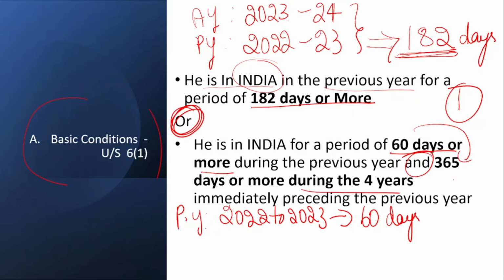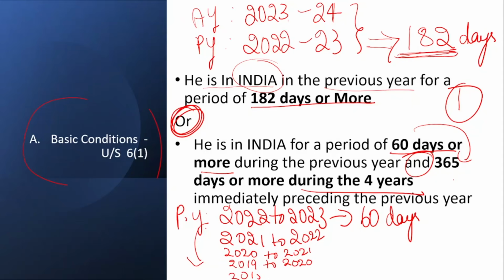out of 4 preceding previous years, preceding means before this, means 2021 to 2022, 2020 to 2021, 2019 to 2020, 2018 to 2019. This is the preceding 4 years.